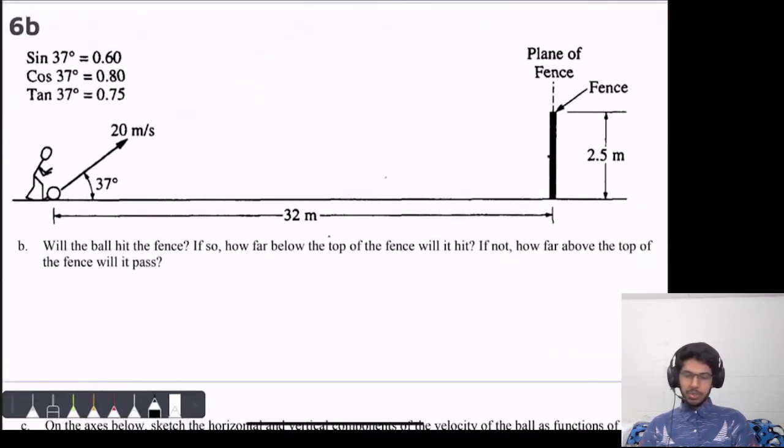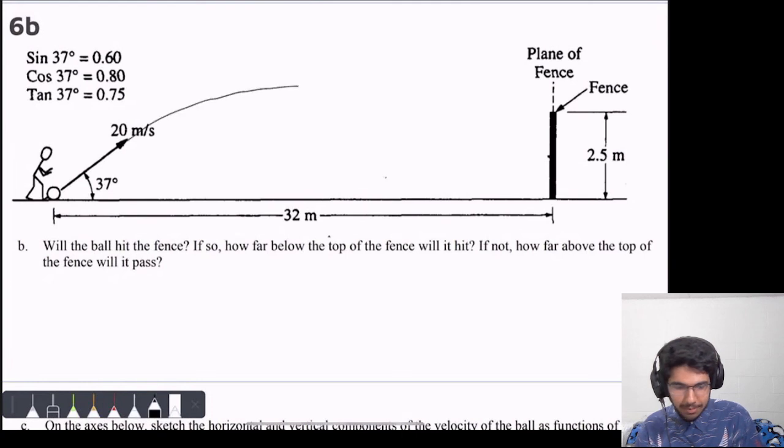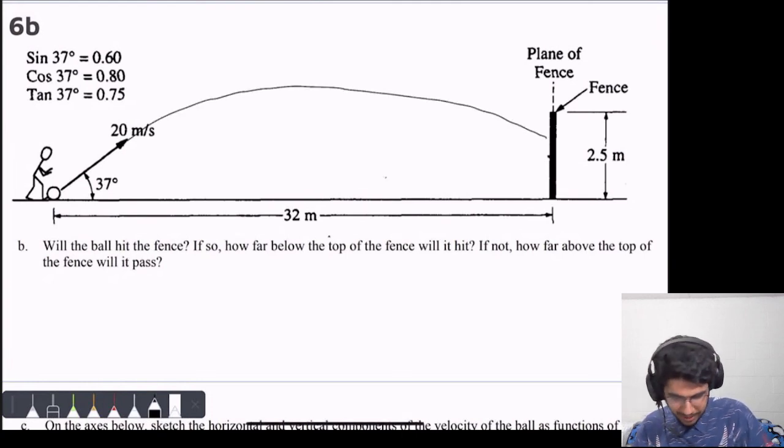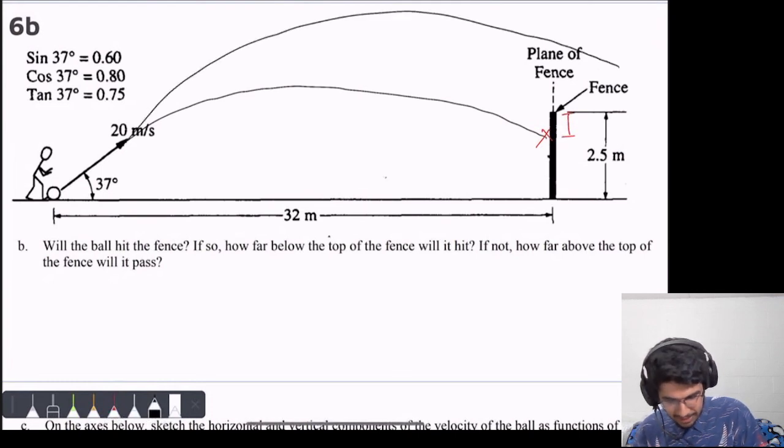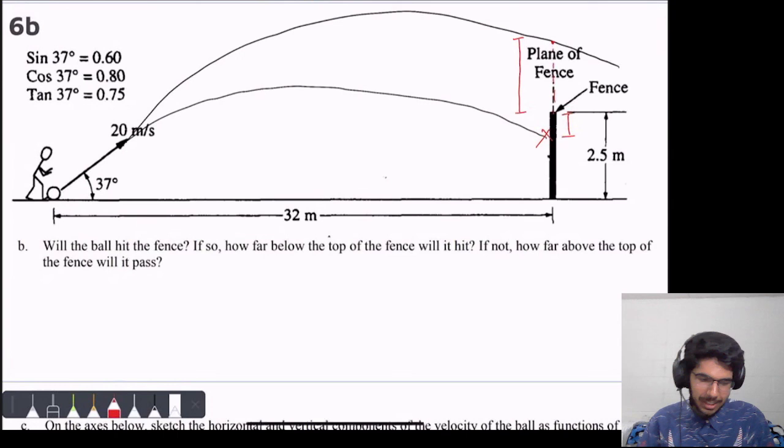Now it's asking, will the ball hit the fence? If so, how far below the top of the fence will it hit? If not, how far above the top of the fence will it pass? So that's saying that the ball either does something like this, where it hits here, and then we want this distance, or it does something like that, and we want this height. It's a bad drawing, but it is what it is.